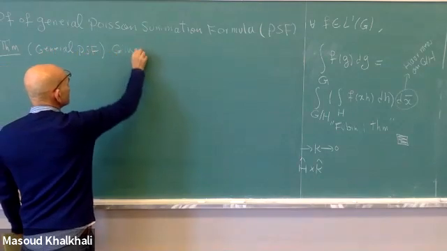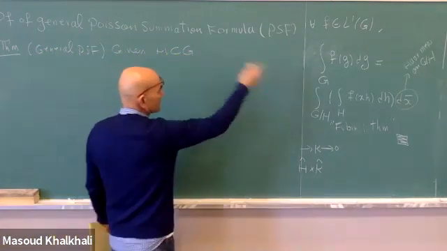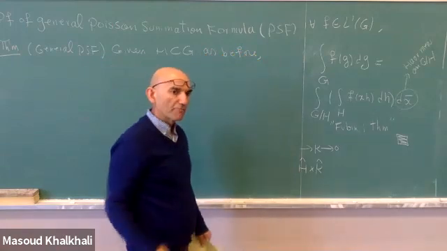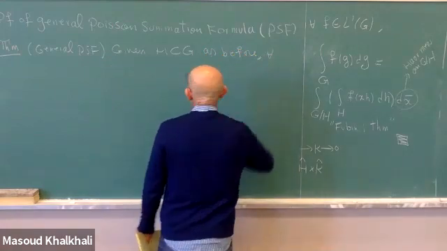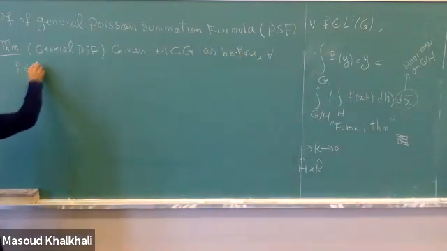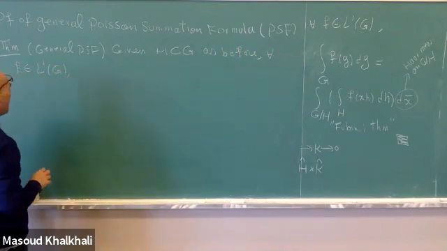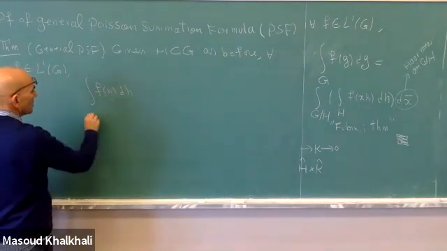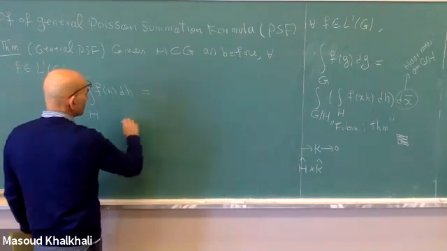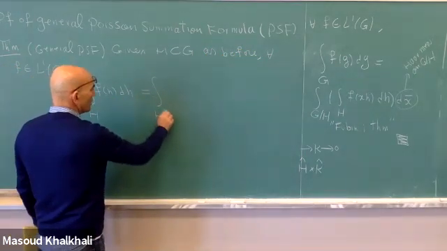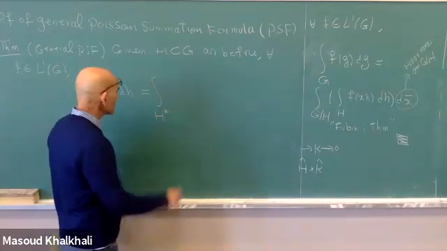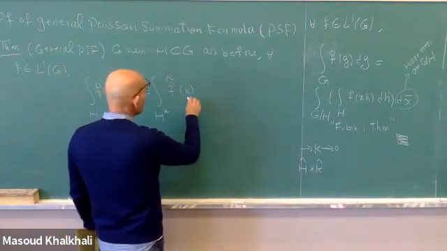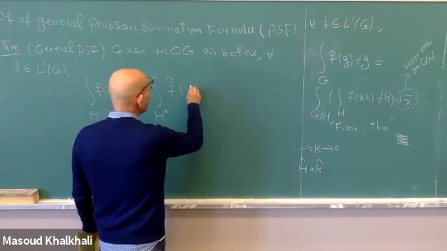Given H a subset of G as before, for any f in L1 of G, we have the integral of f of h dh over H is equal to the integral over, I call it H star, of f hat of chi d chi.